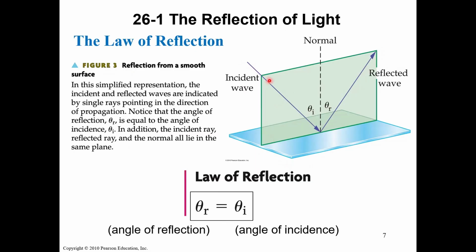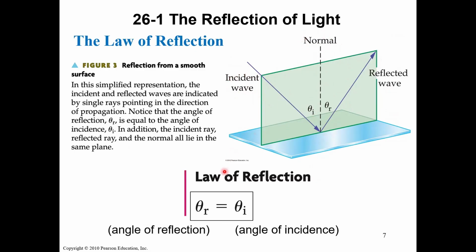We find out where the incident wave is incident on this surface, and draw a perpendicular line, which is called the surface normal. The incident wave and surface normal define the plane of reflection, which is the green plane. The reflected wave should be within this plane.